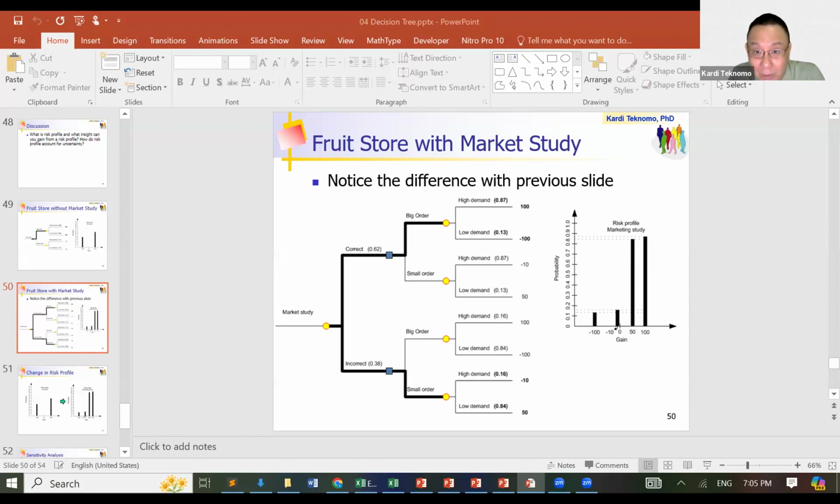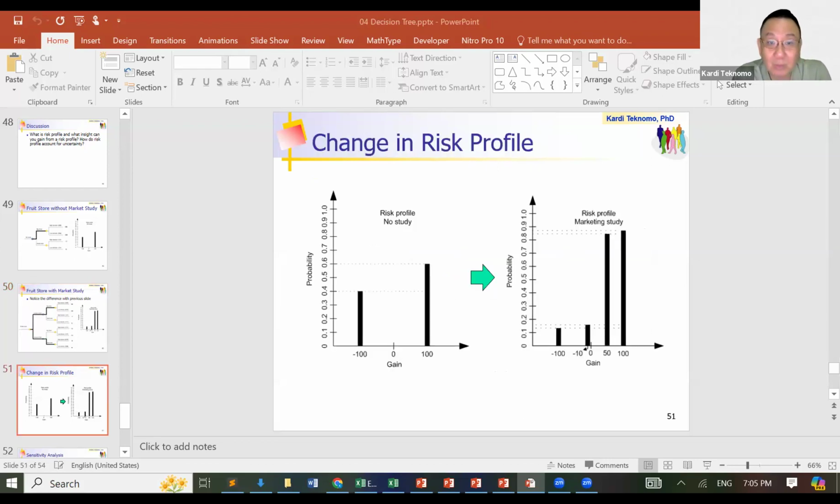So you get 100 and minus 100 at 87% and 13% respectively. And then you also have 16% of minus 10 and then 84% of 50. So now you get the new risk profile. Then you can start to compare.